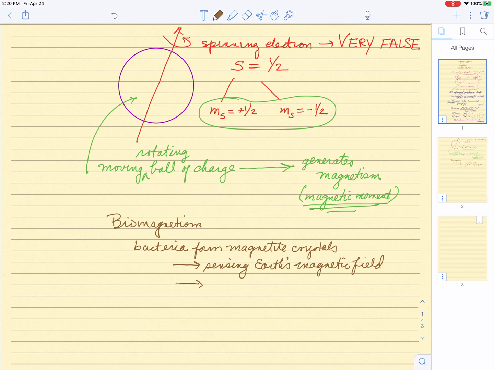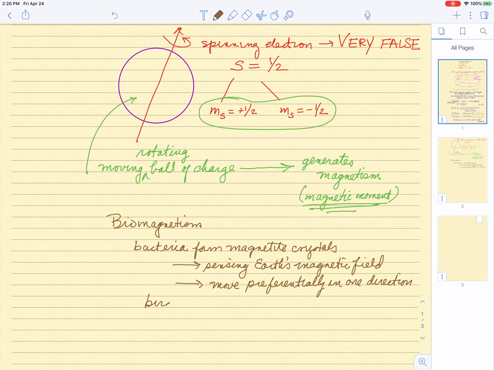And so they can actually sense Earth's magnetic fields, and how should I put this? Move preferentially in one direction.